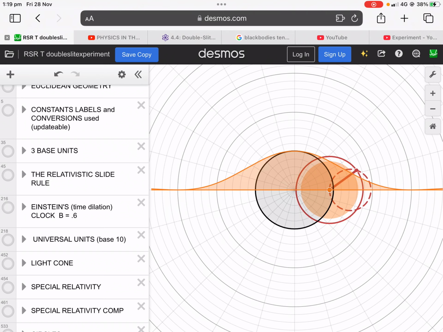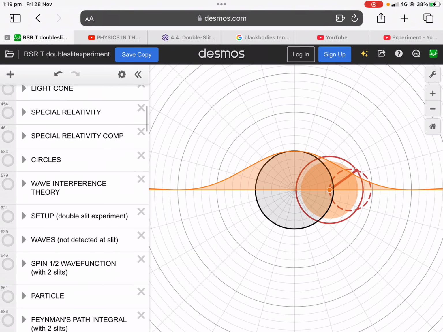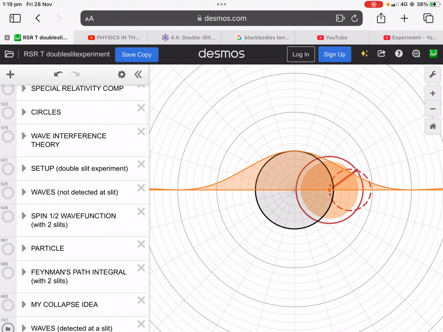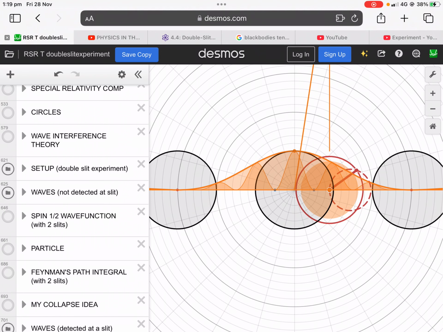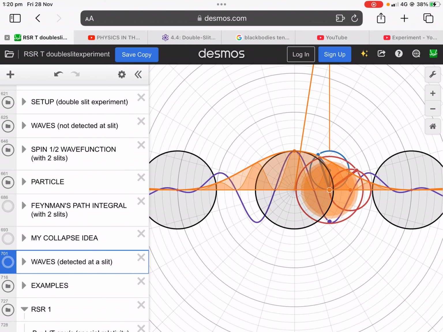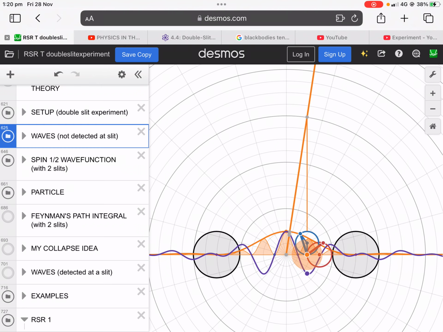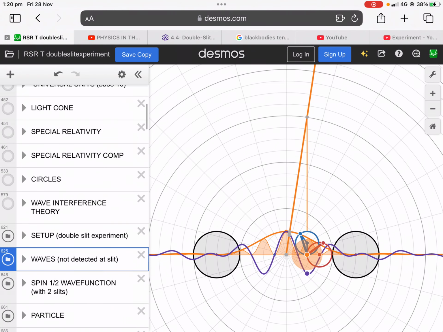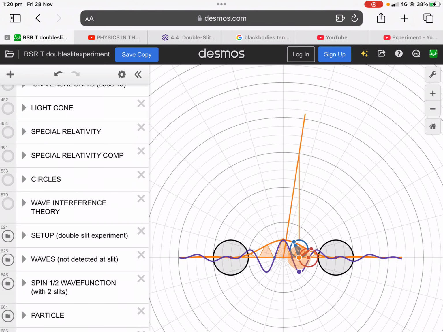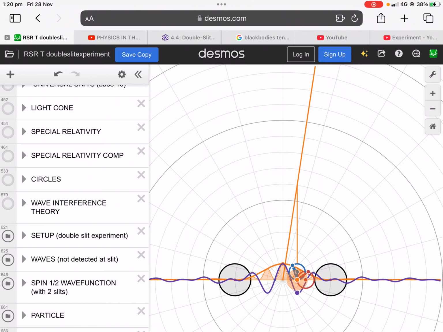So back to the double slit. And you can see here's the wave theory. Let's just zoom out on that. Have a good look at it. And there it is. Oops, it's slightly off.